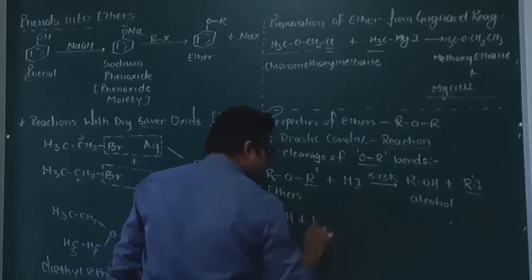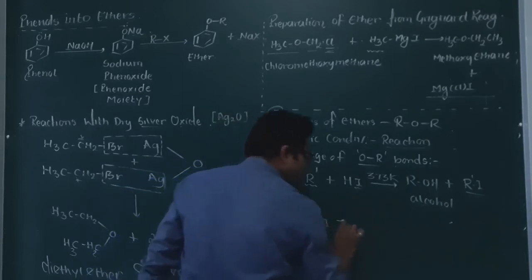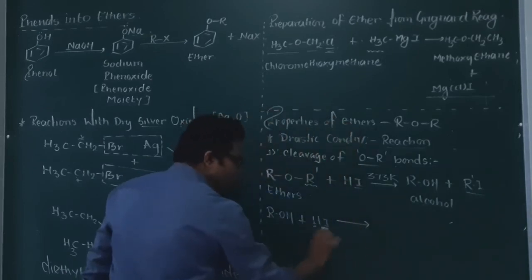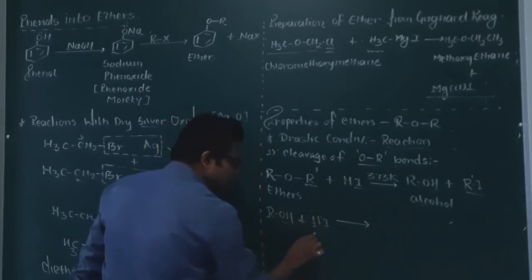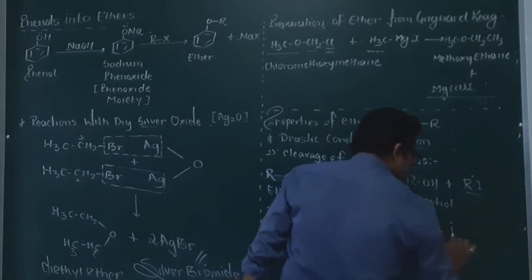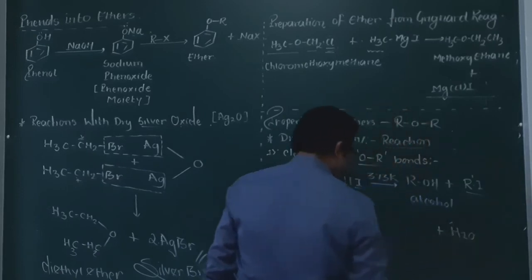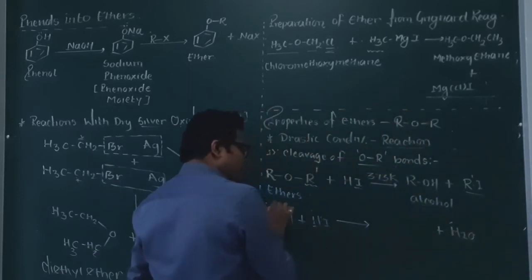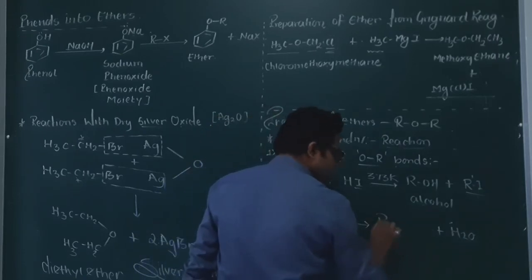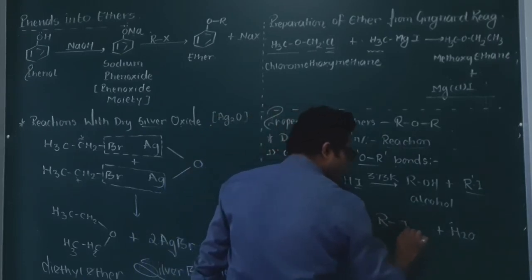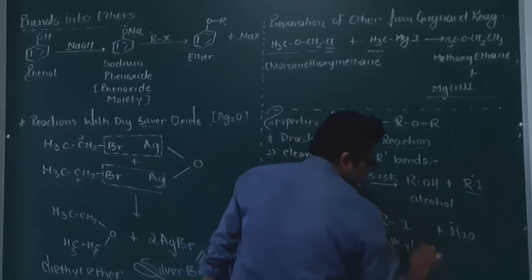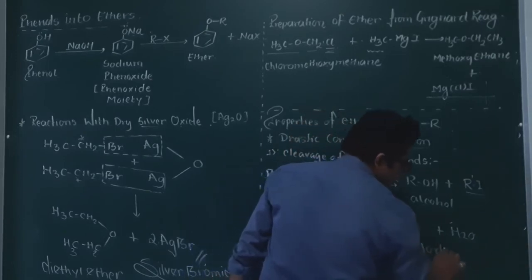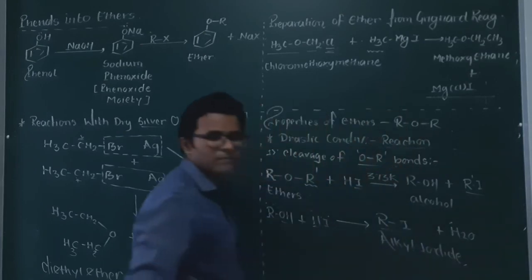ROH plus another molecule of HI. Now again, what happens is this hydrogen combines with OH, giving rise to H2O plus this alkyl system, and this particular iodide gives rise to RI, that is the alkyl iodide is obtained.